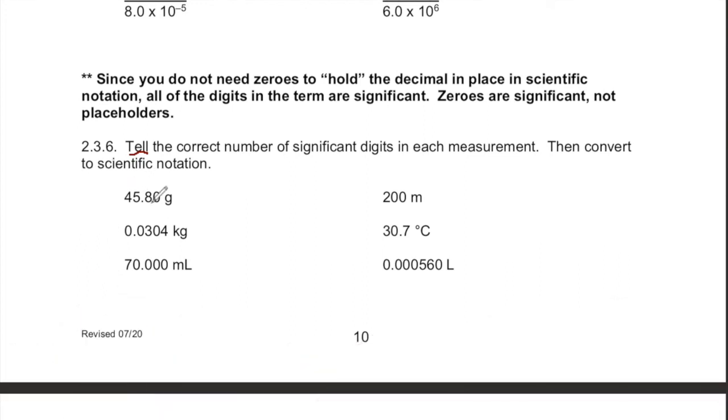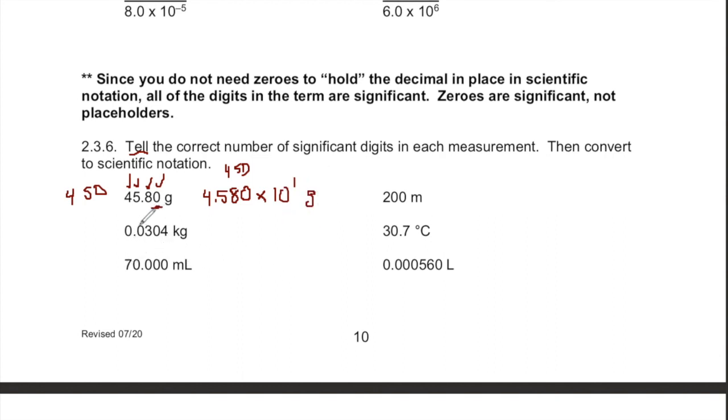So hopefully you can see that this 0 here is to the right of the non-zero digits, and there is a decimal in the number, so it is significant. We have 4 significant digits in our standard number. When we convert it to scientific notation, we're going to keep that significant 0 so that we still have 4 significant digits, and then that would be 10 to the 1 grams.